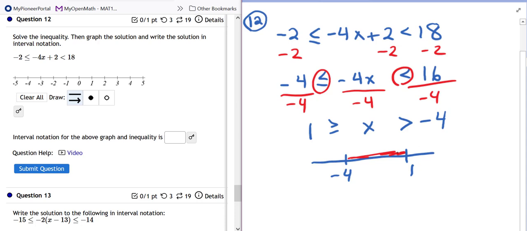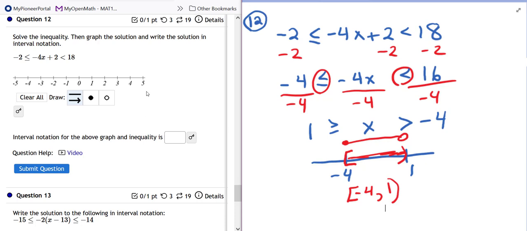Right, and these inequality symbols were different. The one with the equals we'll get a bracket, and in the software a closed-in circle. And this other one with no equals underneath will get a parentheses in the direction of the shading, and it will get an open circle.